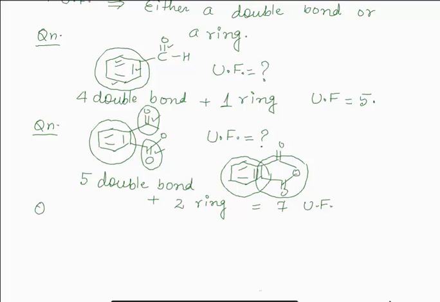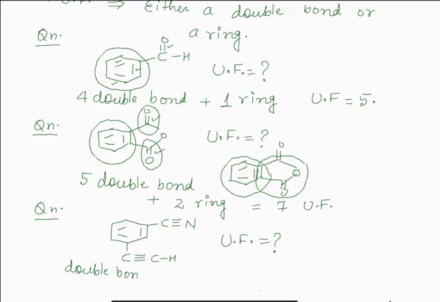So let us try this problem. Once again we have to find the unsaturation factor. Let us say we have this compound, and what is the unsaturation factor in this case? Idea is again same. We have to count double bond and ring.